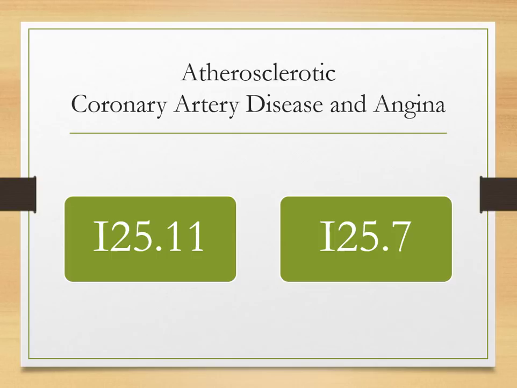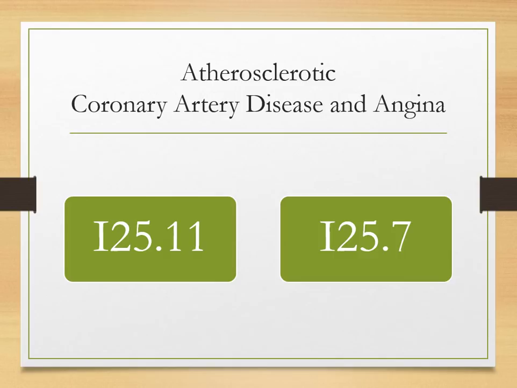For these 2 conditions, the ICD-10 code set has a combination code, and that code is either I25.11, which is arteriosclerotic heart disease of the native coronary artery with angina pectoris, and I25.7, which is atherosclerosis of coronary artery bypass graft or grafts, and coronary artery of a transplanted heart, but still with angina pectoris. And you learned about these combination codes or types of combination codes previously.